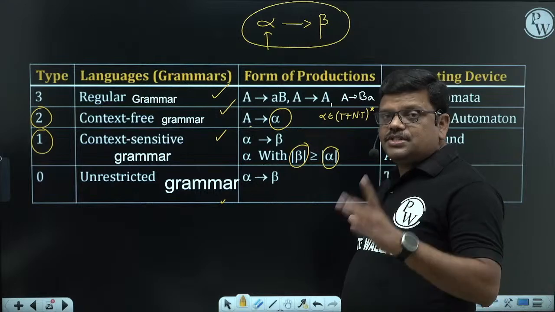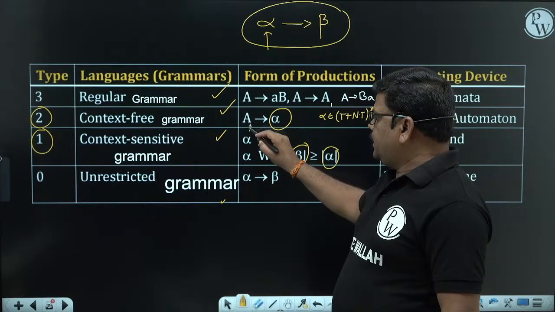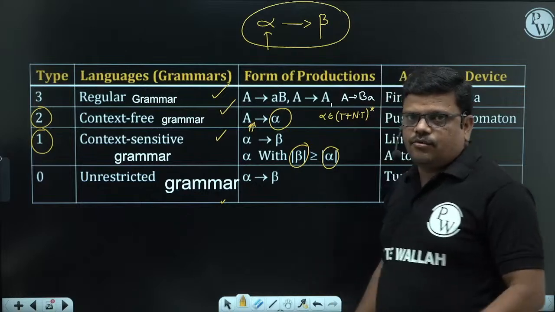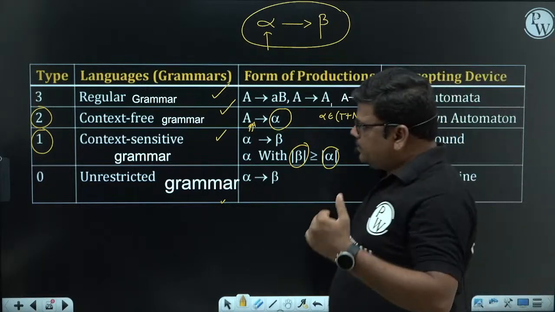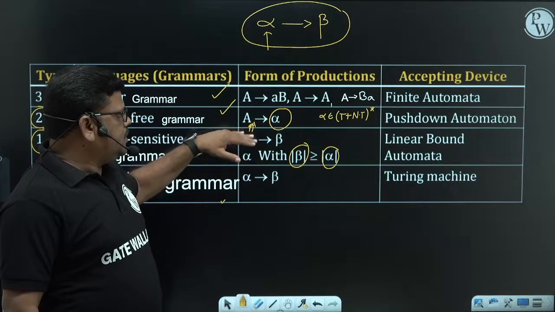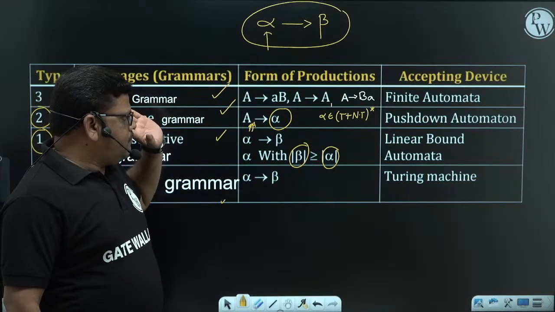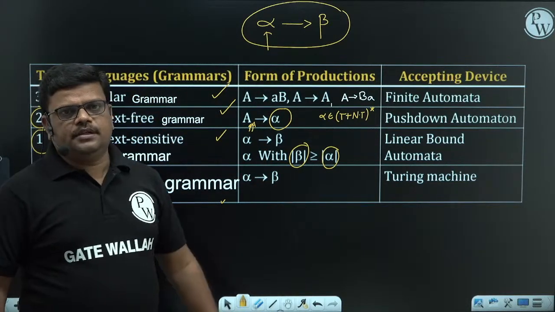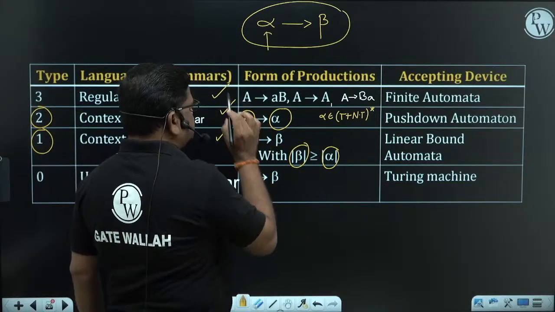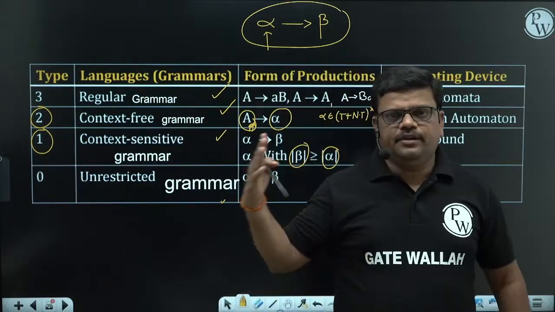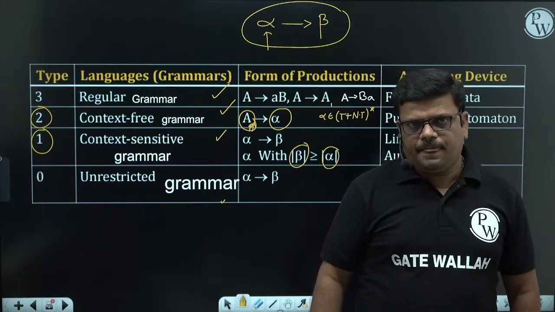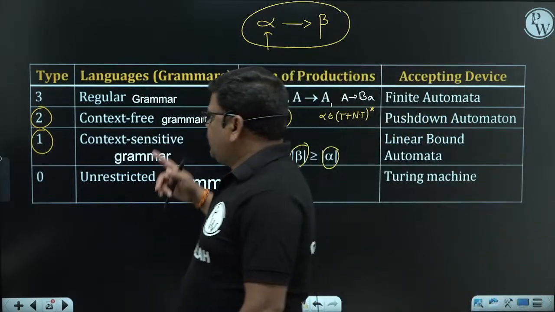There is a restriction on the left side only. Left hand side should always be one non-terminal. Only one non-terminal is allowed, right side anything. So left side one thing, right side anything is context free grammar or type 2 grammar. Let us come to the regular grammar.